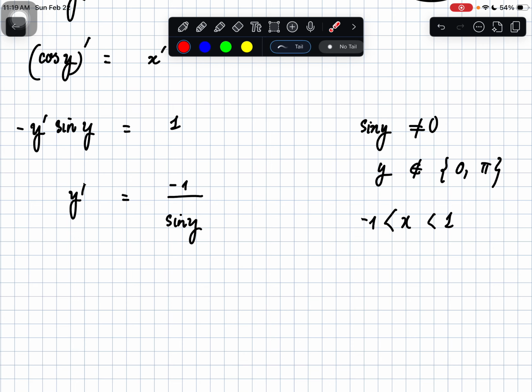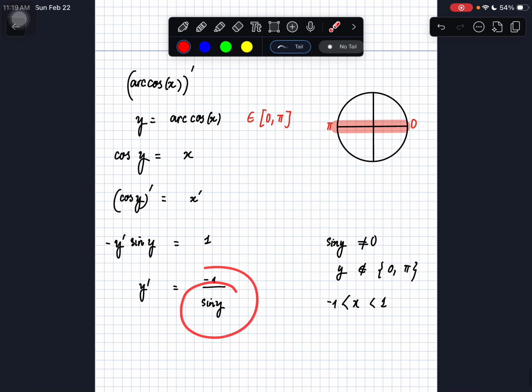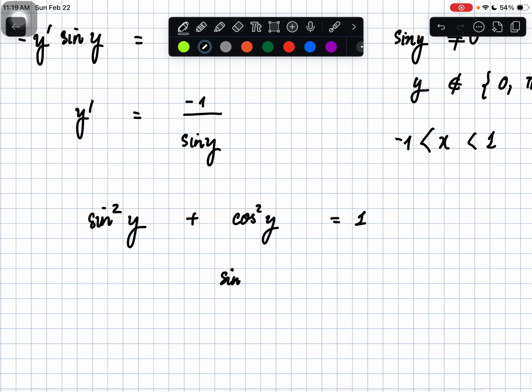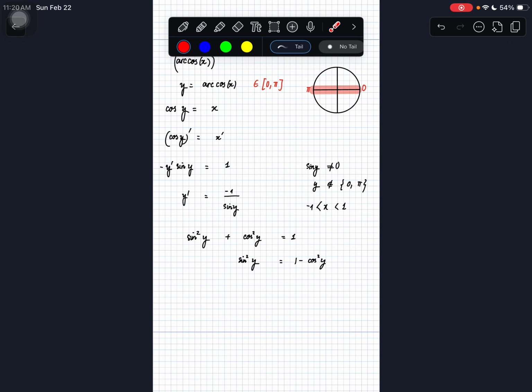Now we need to write all of this in terms of x. So let's do it. Sine squared of y plus cosine squared of y equals 1. Sine squared of y is 1 minus cosine squared of y. We know that cosine of y is between -1 and 1, so this term is always positive.